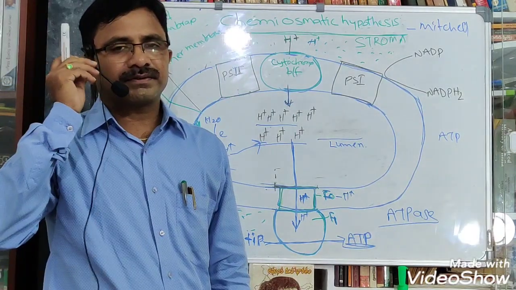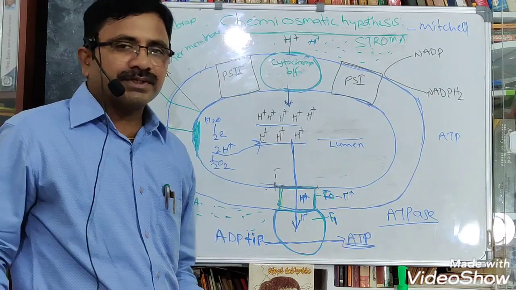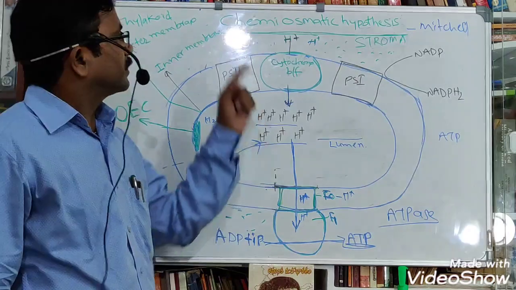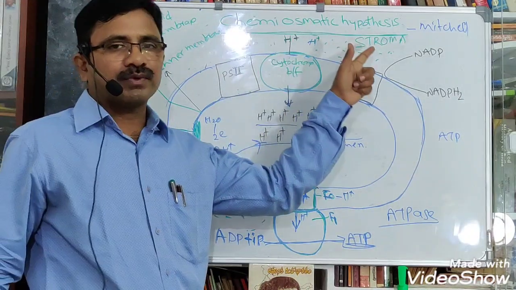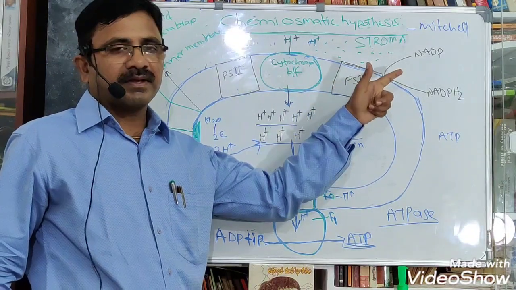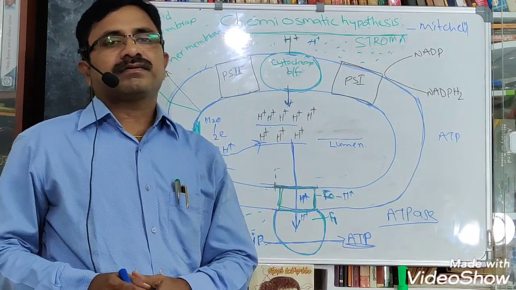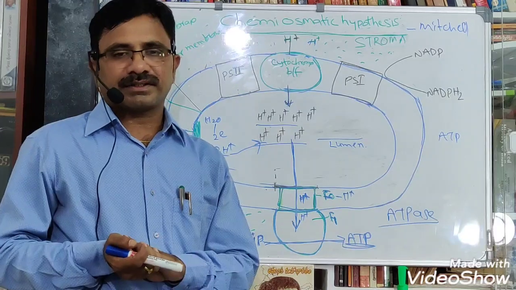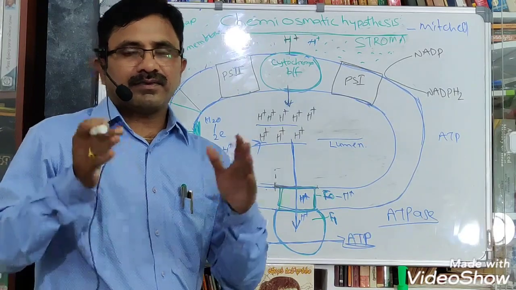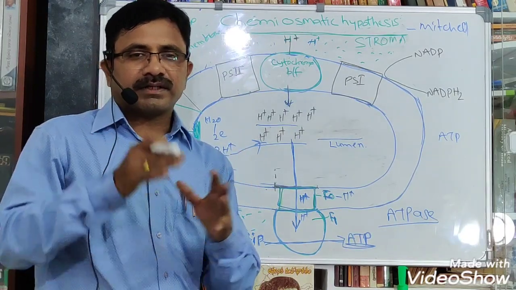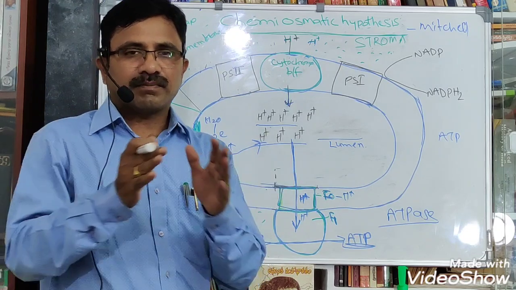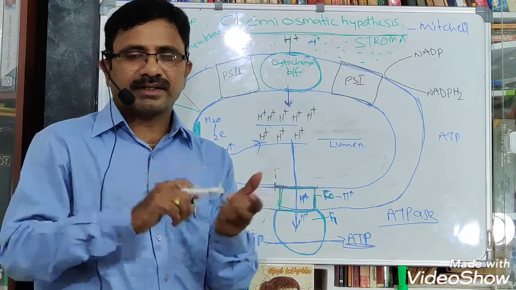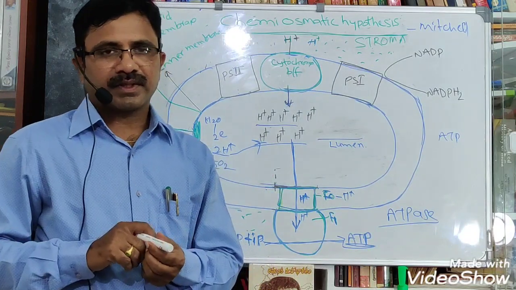Dear students, in this session we are going to discuss the chemiosmotic hypothesis. In our last session we studied the events of light reaction. In photosynthesis, the entire biochemical reactions broadly divide into two prominent phases, that is light reaction and dark reaction.